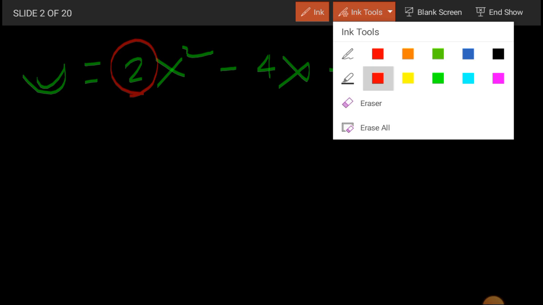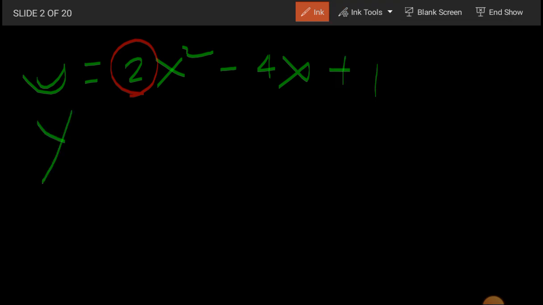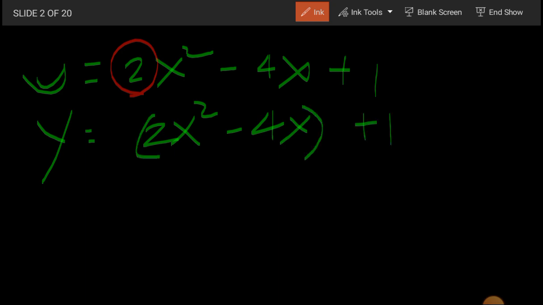So again, we have to regroup the terms having x. So we have 2x squared minus 4x, we have to regroup them, plus 1. After grouping them, bring out the common factor in the quadratic term and in the linear term. So the common factor is 2.